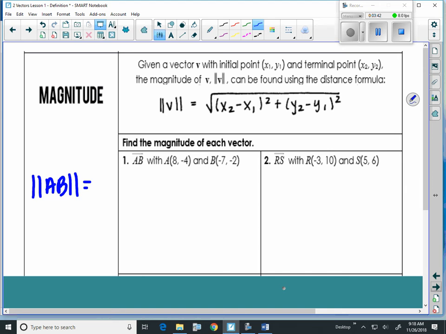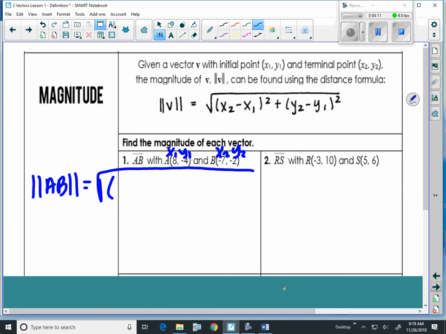The magnitude of AB is equal to, and we're going to do our square root, so we're using that formula. Okay, and I like to label my points. So I have x1 and y1 here, x2 and y2 here. I like to label them, that way I know exactly what's going into my formula. If you don't want to label, that's up to you.